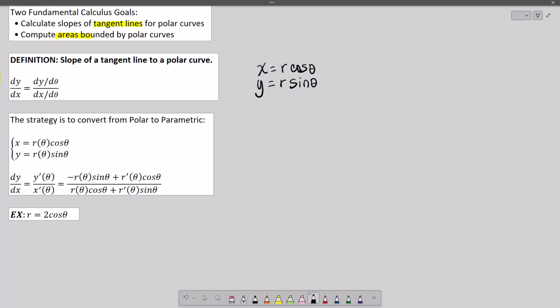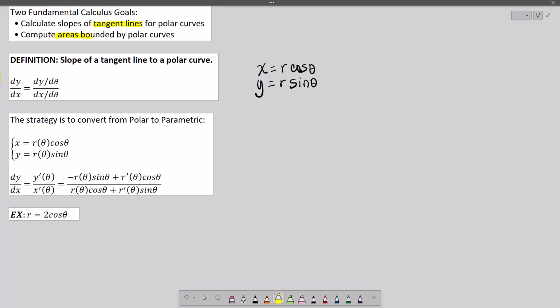So what we're going to do is write our polar curve in parametric form. But we have to remember that in polar, r is a function of theta. Right? If we have r equals sine theta plus 3, that's a polar curve. R is a function of theta.